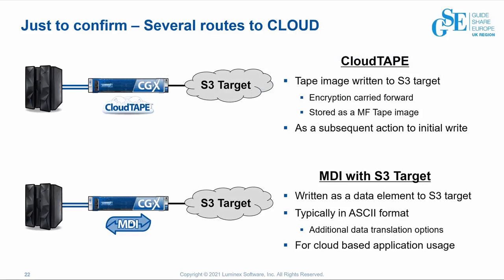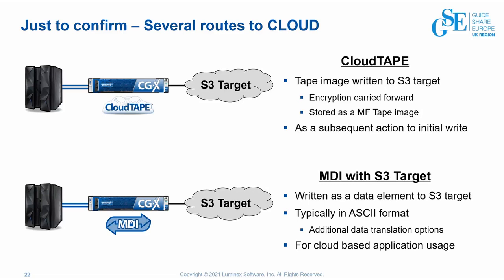If using our CloudTAPE option with an S3 target, then you're writing a tape image to the S3 target. So this means the mainframe format for that tape image is carried forward, encryption, compression, of course, and it's stored as a mainframe tape image, and it's typically a subsequent action to the initial write. We do have a model for actually using cloud as the core storage, but I don't want to go into that today.